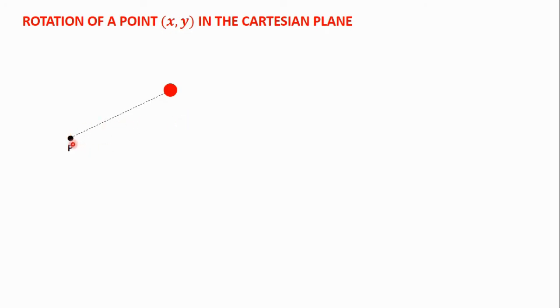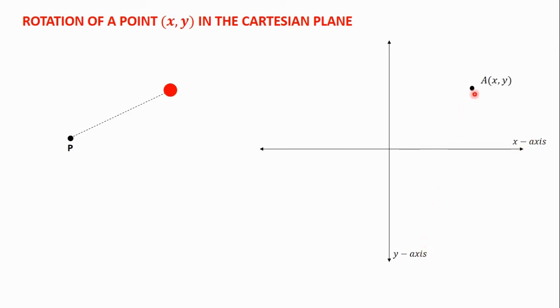The same can be done for a point in the Cartesian plane. So we have our Cartesian plane here, we have our x-axis and the y-axis. Let's say we have a point A, and point A has the coordinates xy. We can rotate this point A from this position to another position by rotating it about another point.